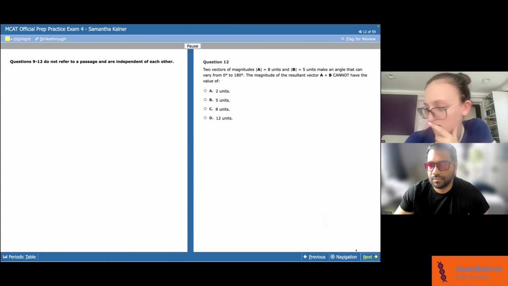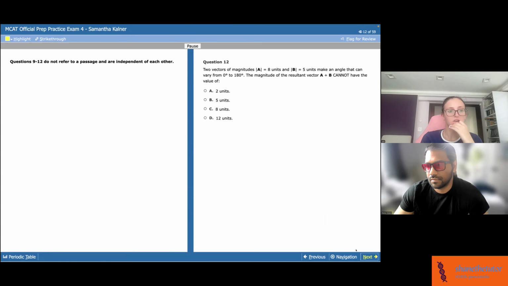I'm thinking that if you line them one on top of the other, 8 plus 5 is 13. And then if you line them in the opposite direction, 8 minus 5 is 3. So it has to be within those two things, right? So that means A is wrong.